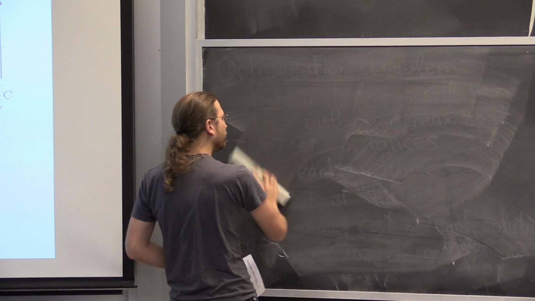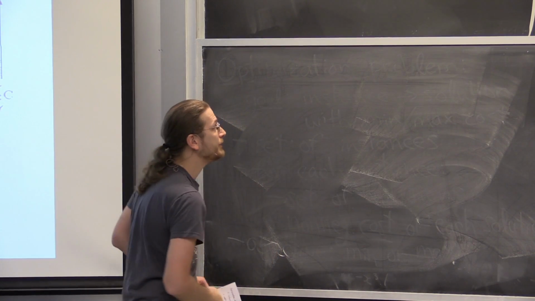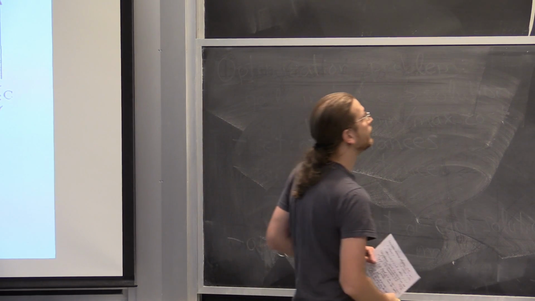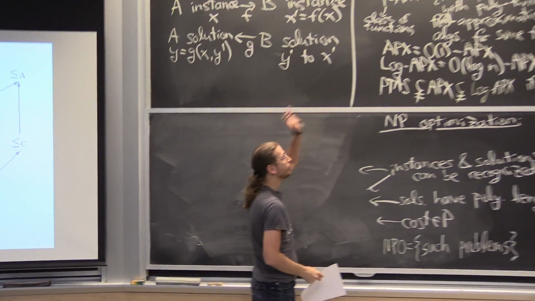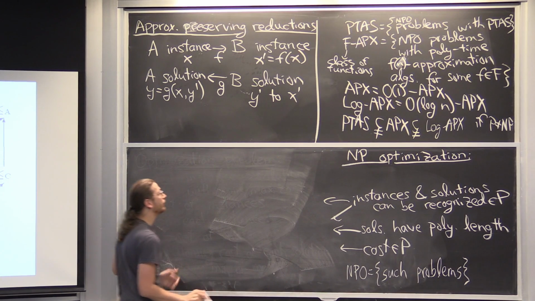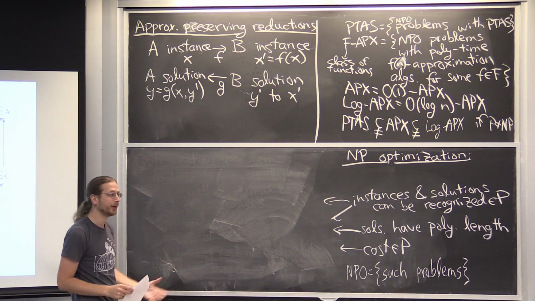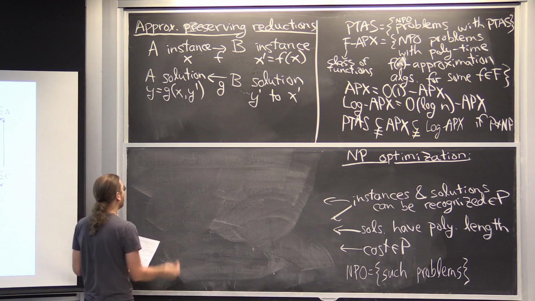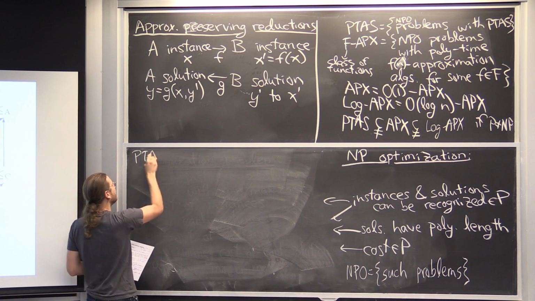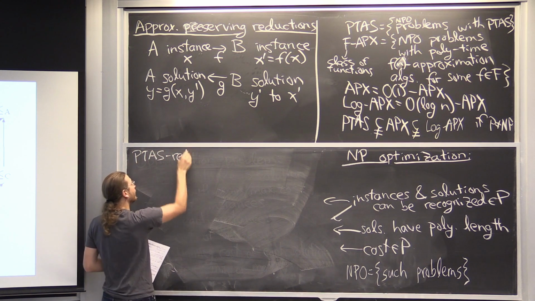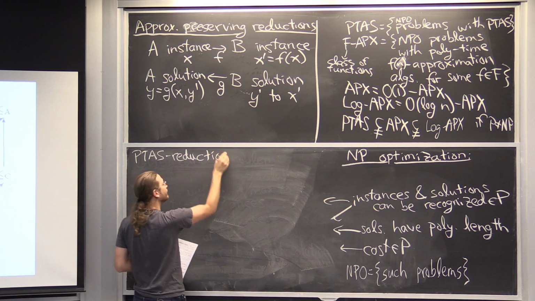So if we're just interested in PTASs, then you want to know, does my problem have a PTAS? Or I want to prove impossibility of PTASs, then I think there's one clear notion of reduction, which is obviously enough, called PTAS reduction.